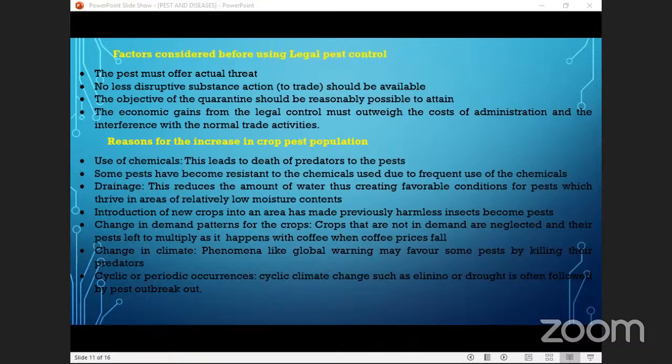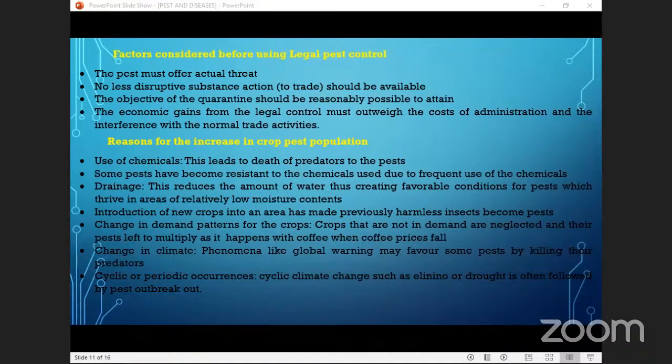The pests have what to feed on. They feed on the coffee, but once coffee is sold off, there will be nothing. They have already broken their cycle. They have nothing to feed on. So such a reason has led to increase in pest population.